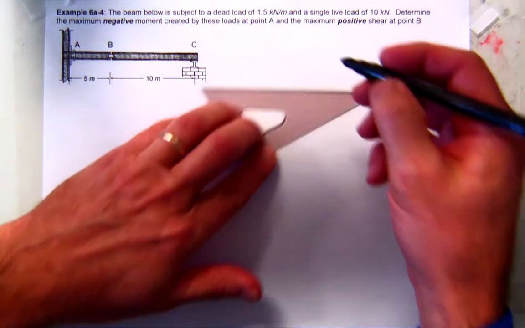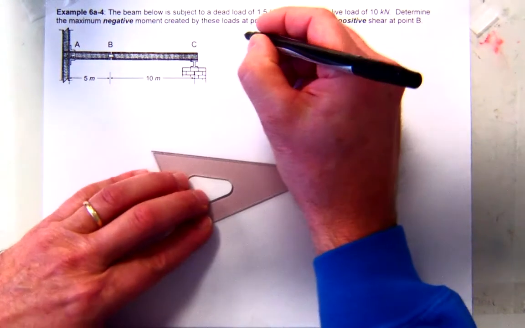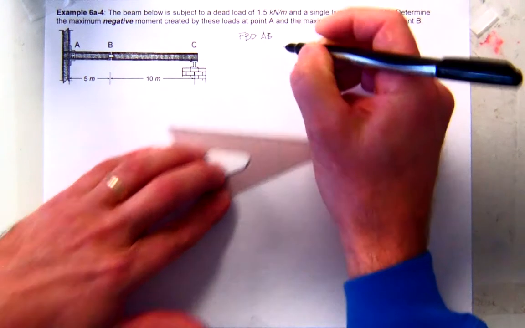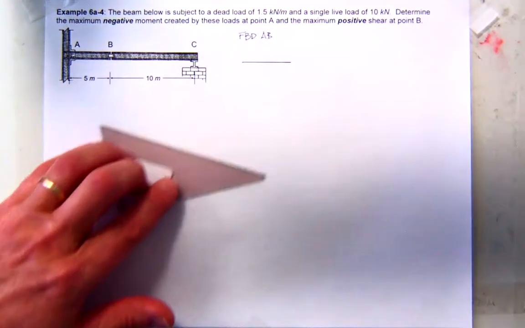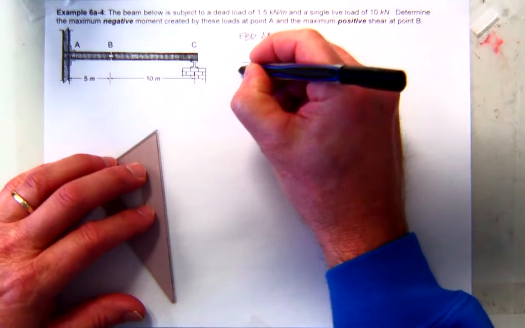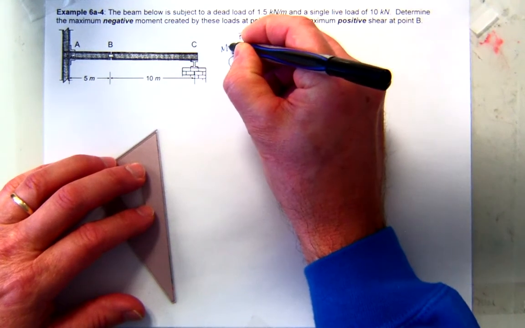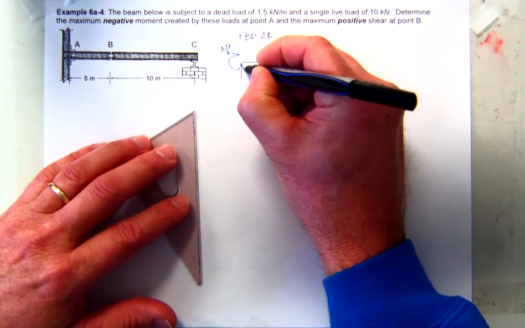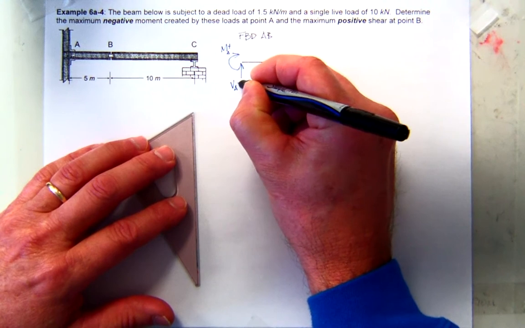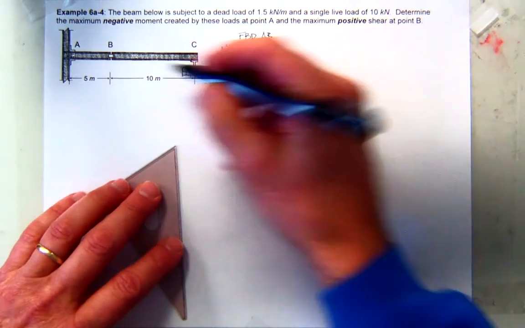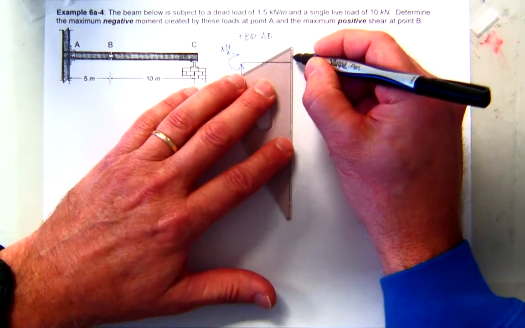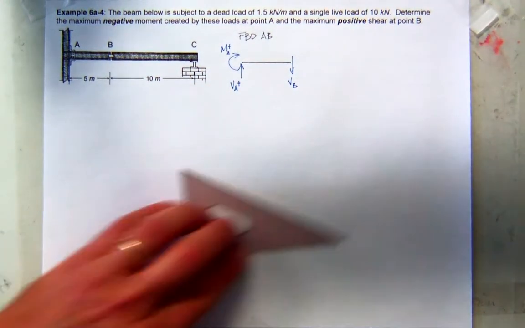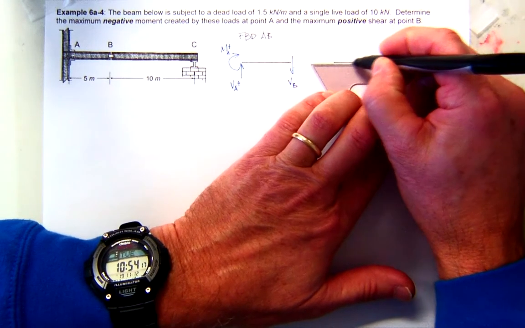So let's look at the first case. So I'm going to first draw a free body diagram for AB. Let's see what that looks like. So at A, there's my moment. And we don't really care, but there's the shear at A. And then at B, that's a pin, so I'll just have a shear force at B. Of course, equal and opposite on the other free body.